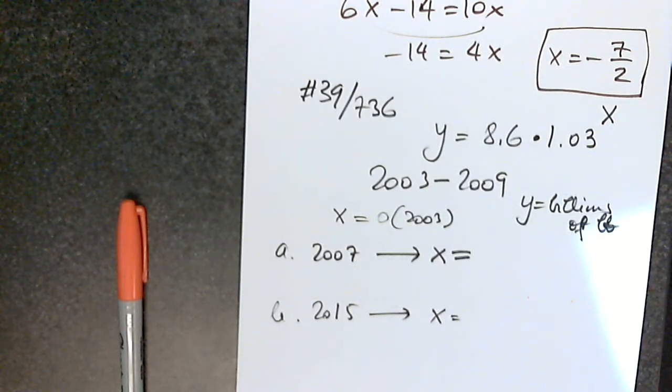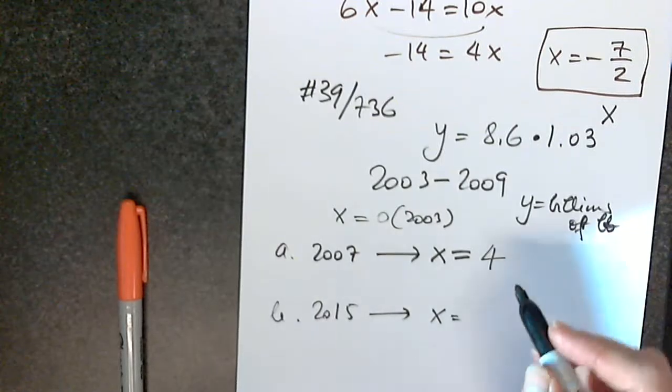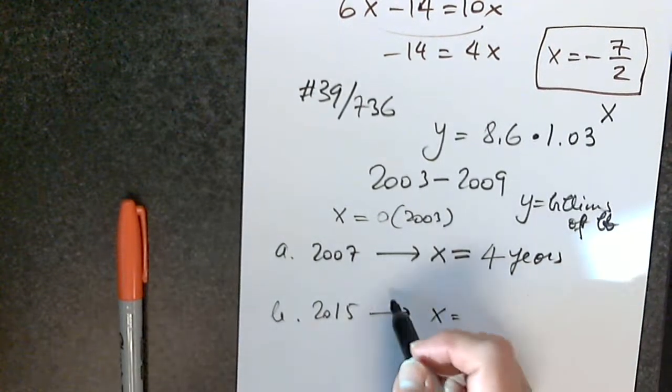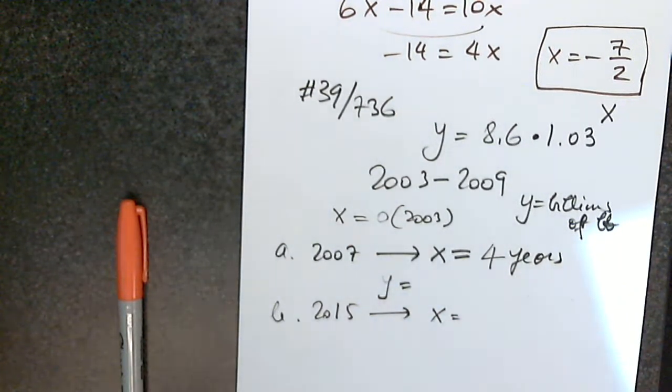How much is x for the first part of the question? So 4 years. So then y will be, by the way, what type of function is it? We know so many now. We know linear, we know absolute value, we know square root, we know the cube root, we know exponential, we know logarithmic.